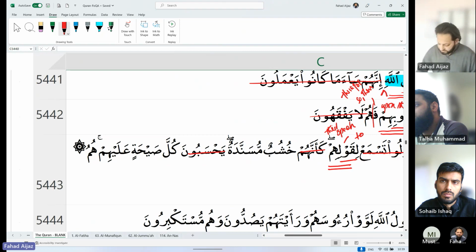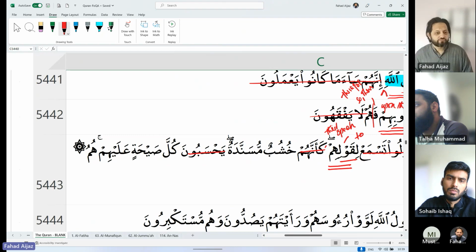By the way, if you have a question popping up, why is this kaf not a harf of jar kaf? Ka'anna is the same case as bi anna. Ka'anna is another full harf, that's why we don't consider it here. We'll learn that inshallah in the next topic.